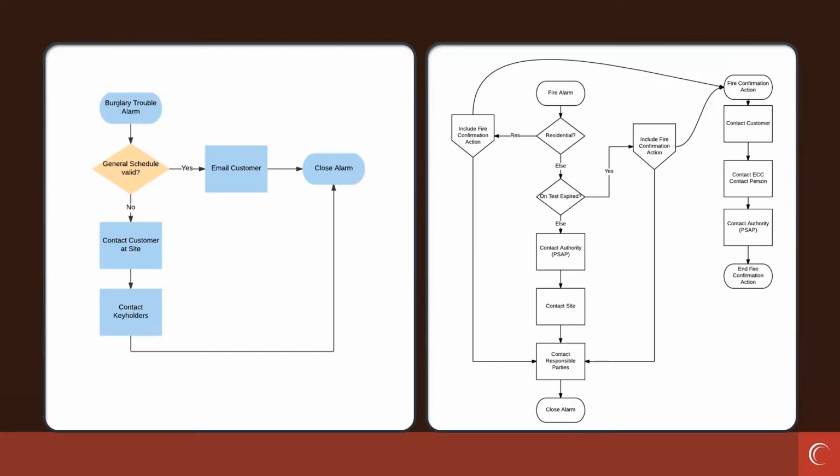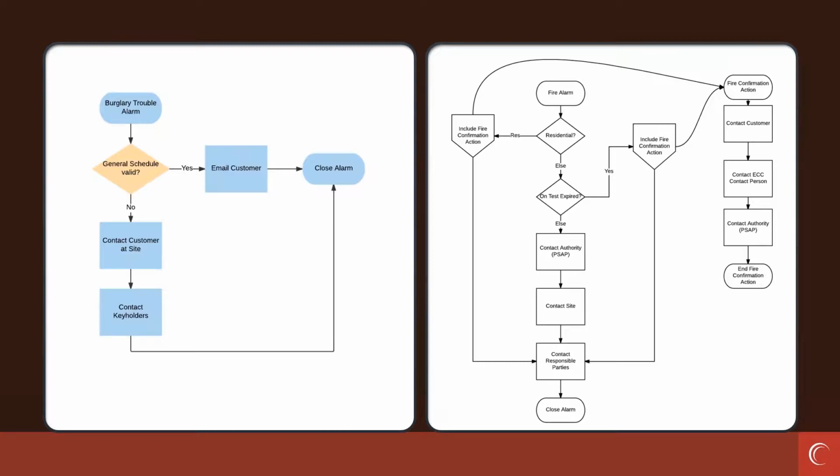So you can see that we have that contact information on that right-hand side that we would do when it is residential or the site test is recently expired. But if either of those are false, then we would actually contact the authority first. So this really does tell us what we need to do before we actually start building those action patterns.